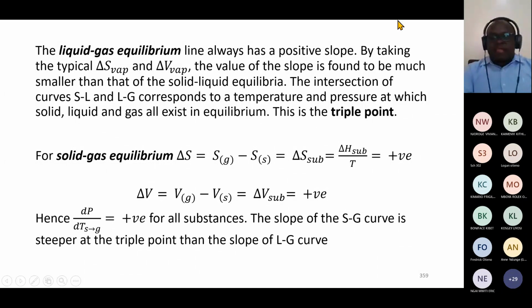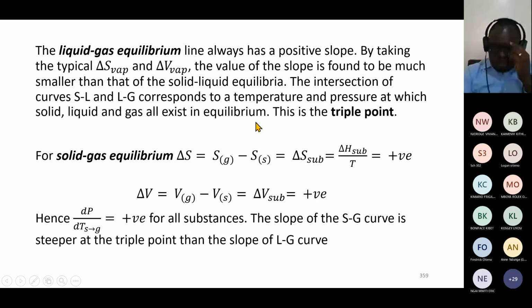Now, for the intersection of the curves for the solid-liquid and the liquid-gas, there's a point where the two lines meet. Where they meet corresponds to a temperature and pressure at which the solid, liquid, and gas all exist in equilibrium.